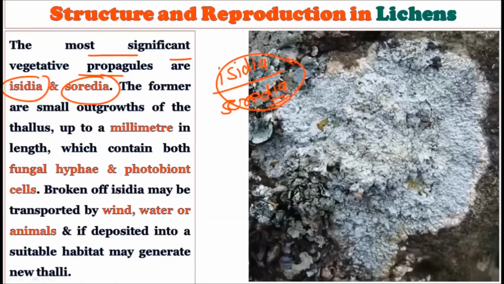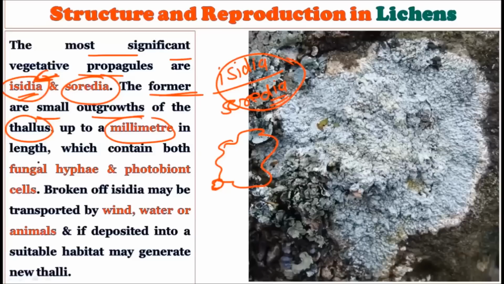The former, that is the isidia, are small outgrowths of the thallus. Consider this is a thallus, and the small outgrowths of this thallus are called isidia, up to a millimeter in length, which contain fungal hyphae and photobiont cells.